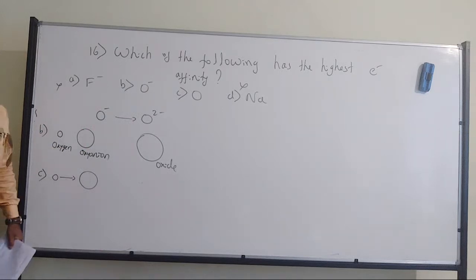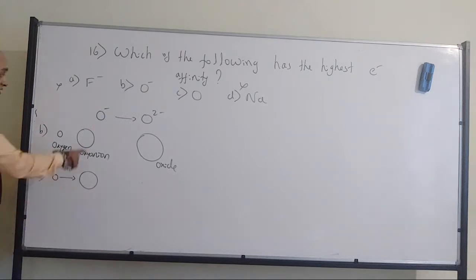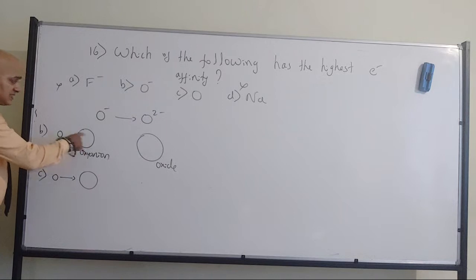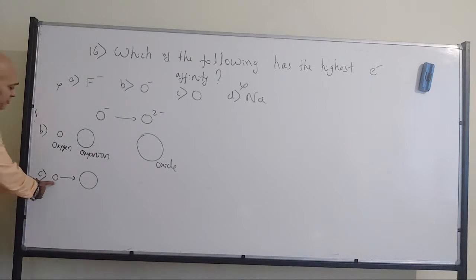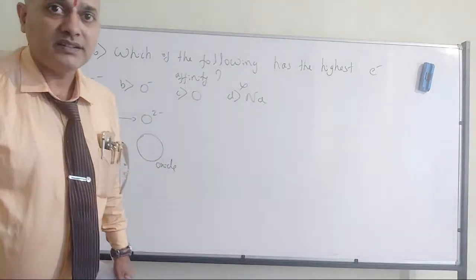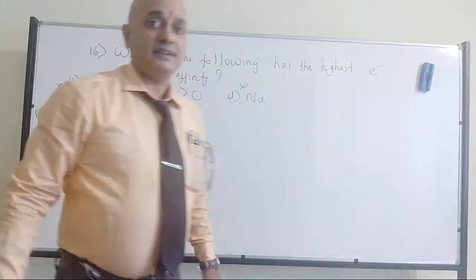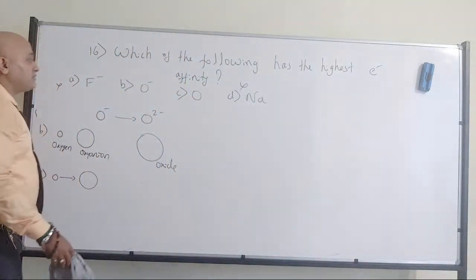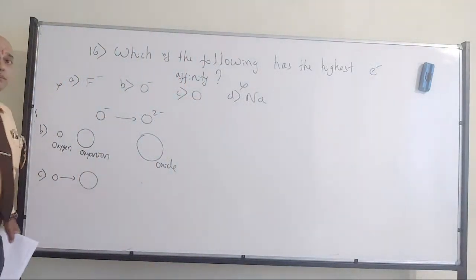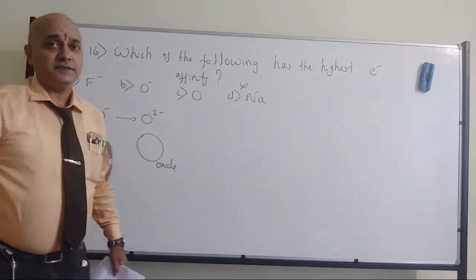So we can clearly tell that since the size is already a little bigger, another electron will be a bit difficult compared to here. Since the size is small, it can take the electron. Therefore option C should be the answer. Oxygen will have the higher affinity compared to oxyanion.